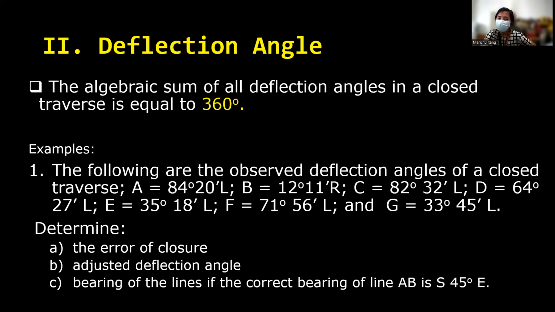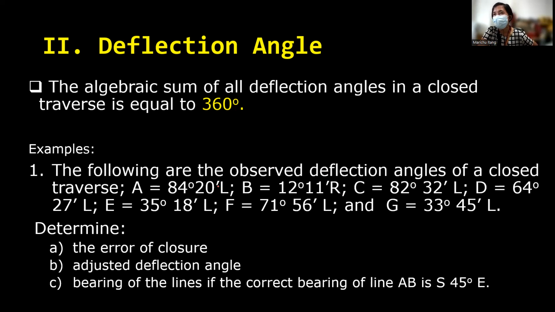So the algebraic sum of all the deflection angles in a closed traverse is equal to 360 degrees. So we have an example here. The following are the observed deflection angles of a closed traverse. So meron tayong traverse na deflection angle yung kanyang kinuha. Then 84 degrees, 20 minutes left.